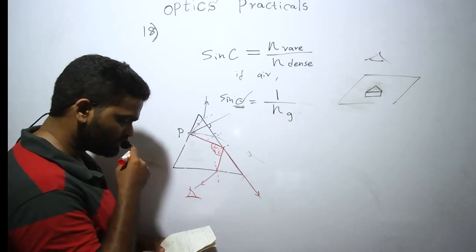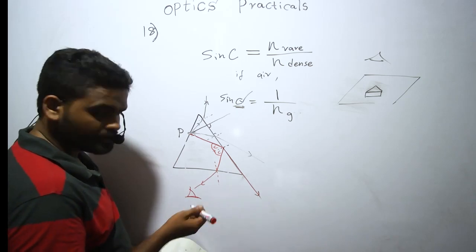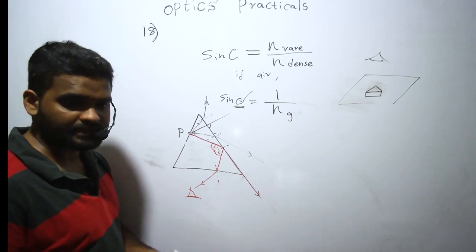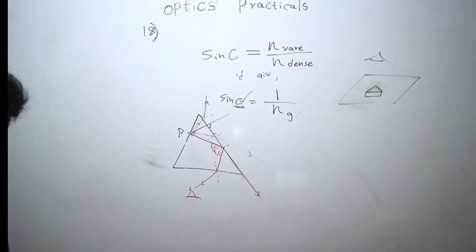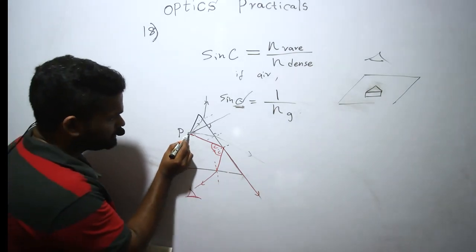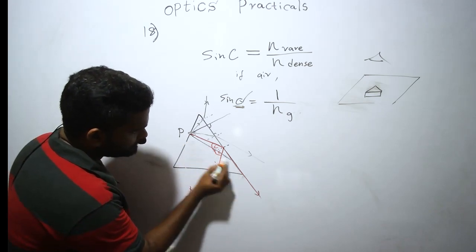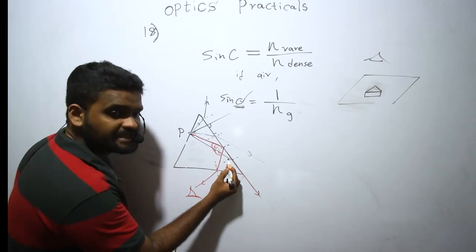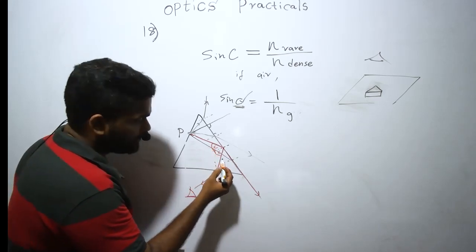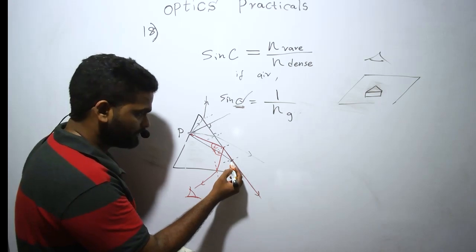There's another important part here, right? If you think about another ray, let's draw one more ray. You can think about this ray. So it has a bigger incident angle than the critical angle. Obviously, this is going to be totally internally reflected.